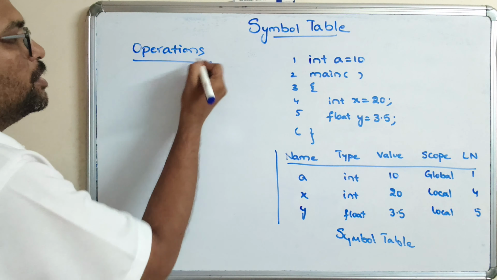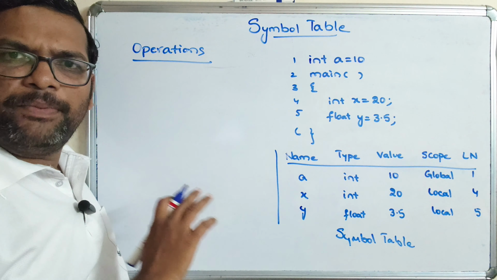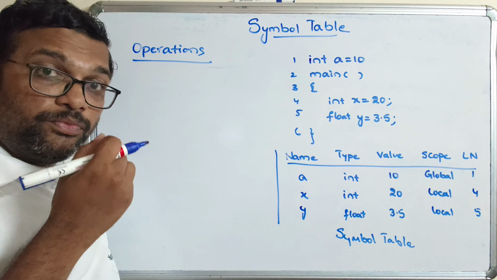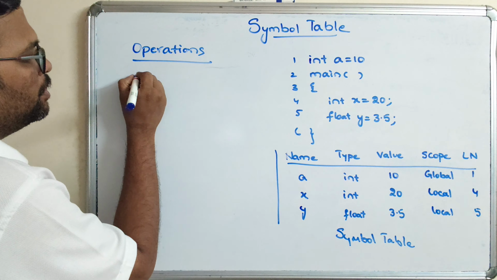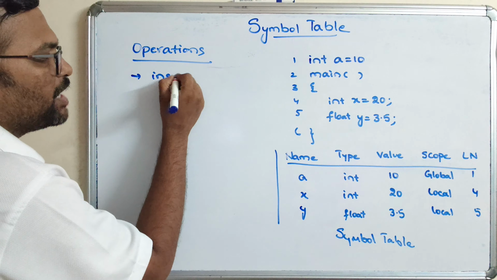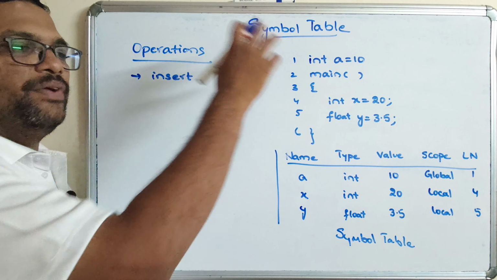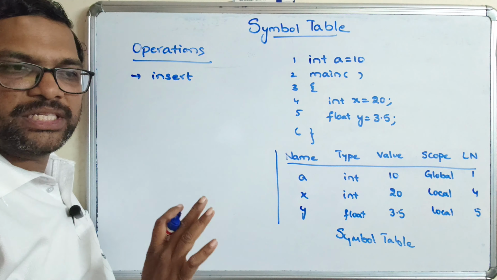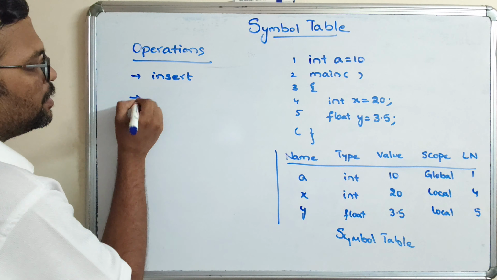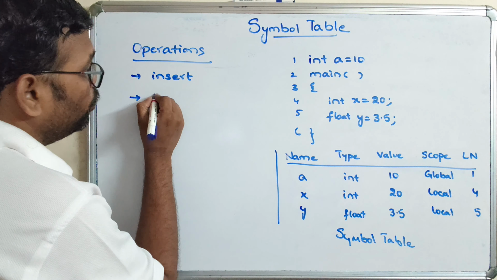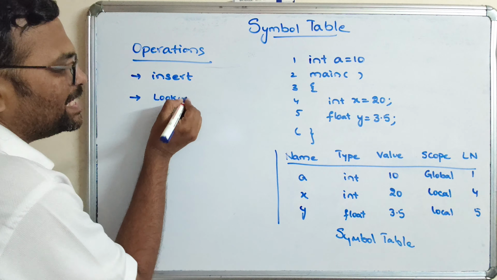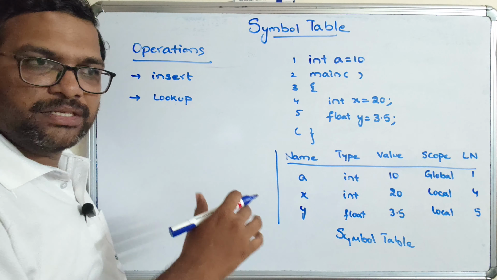Initially the symbol table will be empty, so we need to insert new entries. The first one, the insert operation, inserts the identifier information into the symbol table. After insertion, we can retrieve the data. Lookup means searching the entries, searching the variables.